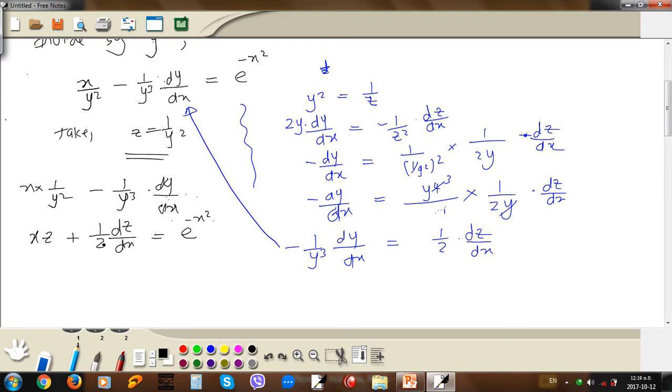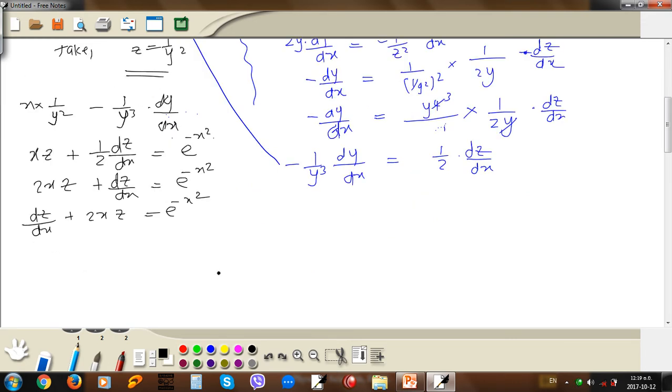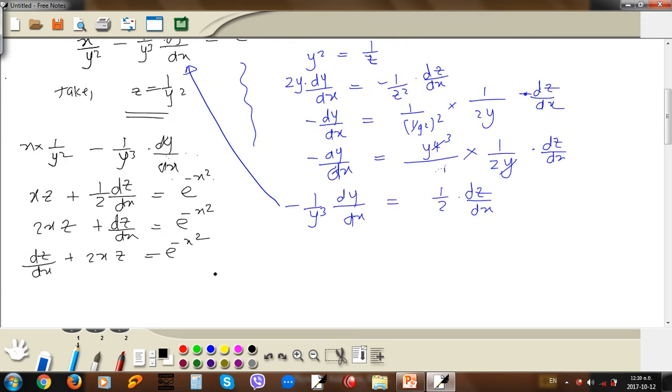Now I can multiply the whole equation by 2, then it comes 2xz plus dz over dx equals e to the power minus x squared. So I can rearrange this: dz over dx plus 2xz equals e to the power minus x squared. So you can see now this is a linear equation, no?